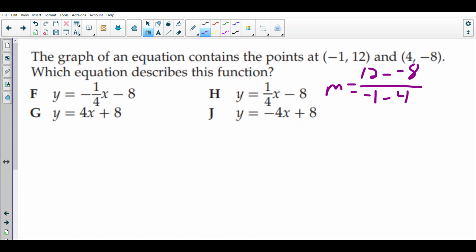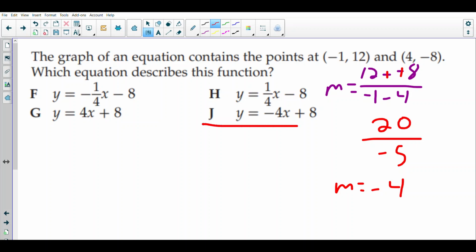Double negative on top goes positive, so we end up with 20 over negative 5, which simplifies down to negative 4. So m equals negative 4. This one worked out nicely for us. We see that there are no other negative 4s, so we're leaning towards this one, but let's do the math to double check, just to make sure we end up with a plus 8 there.